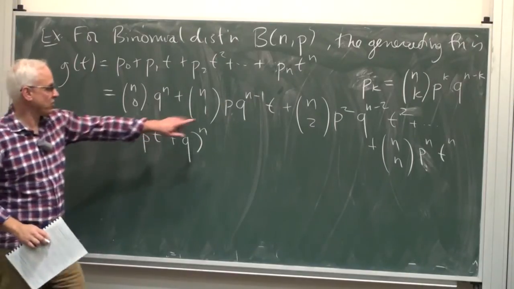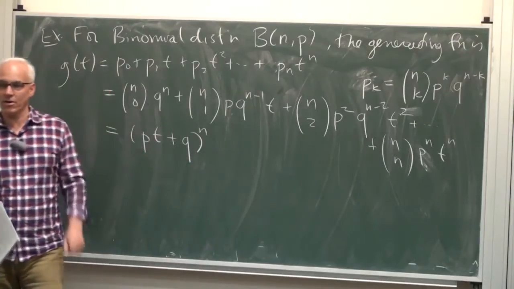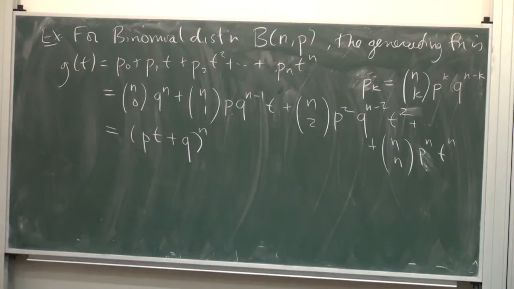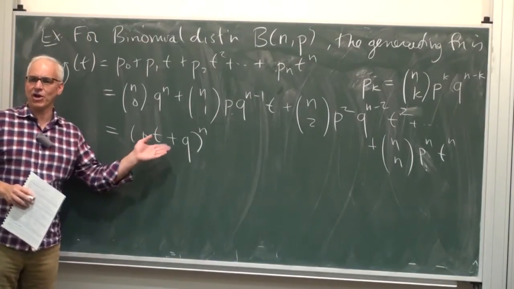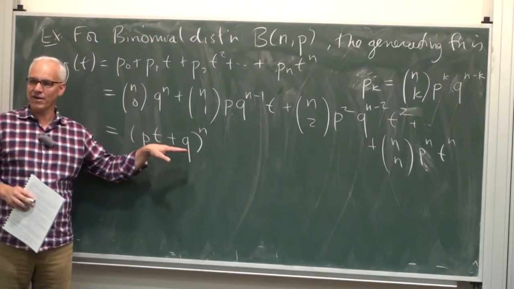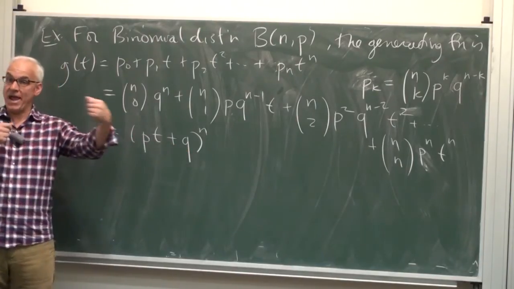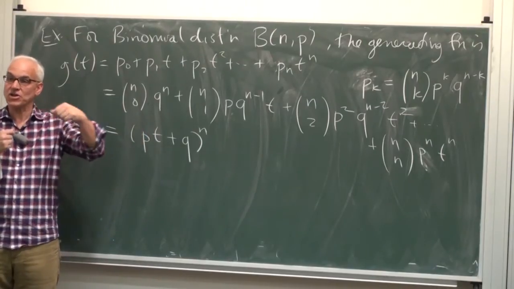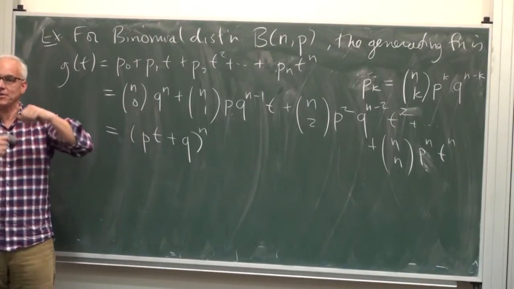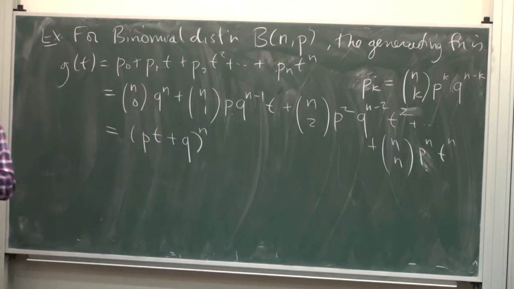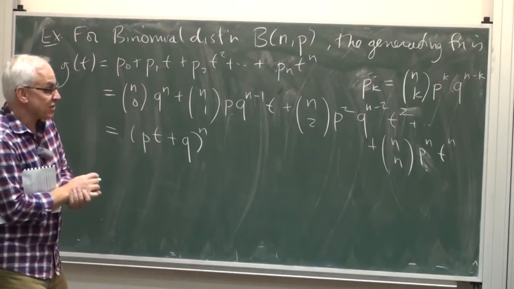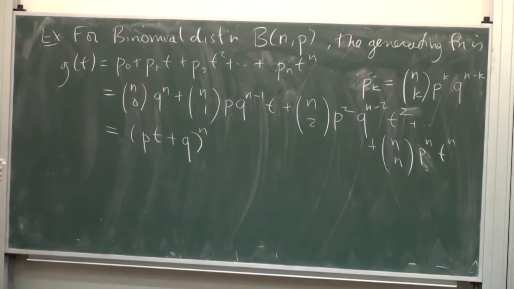Because you can sort of put the p and the t's together. So this sort of shows the power of the generating function, that this relatively simple function contains, when you expand it out, all of the coefficients, exactly all the probabilities in the right places. It's a very efficient way of encoding all the probabilities. And of course it makes it relatively easy to calculate the mean and the variance applying this theorem now.